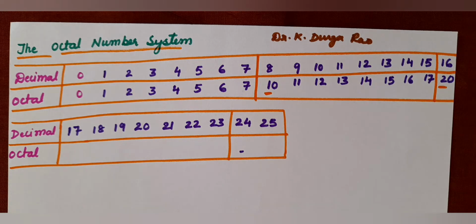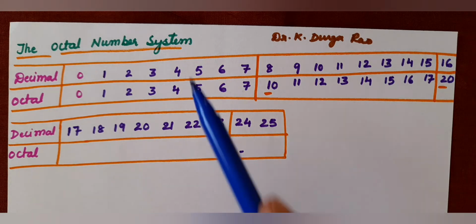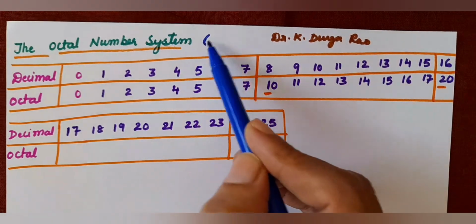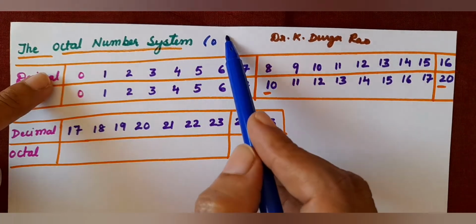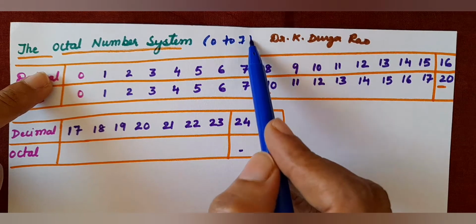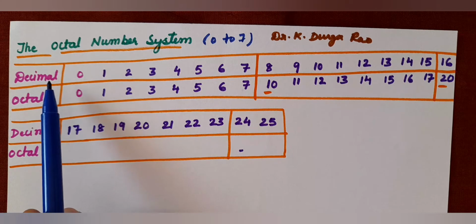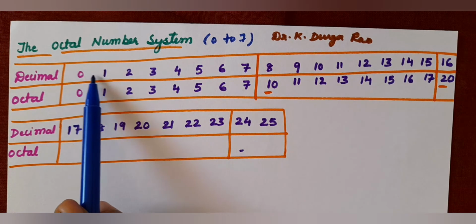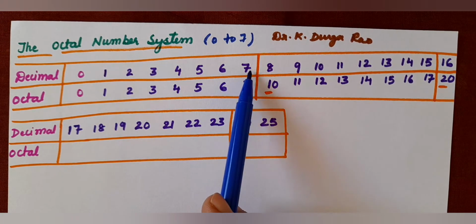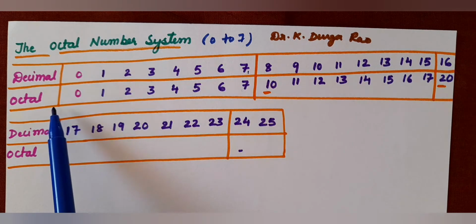So, do you know what the basic symbols of the octal number system are? The basic symbols are 0 to 7: 0, 1, 2, 3, 4, 5, 6, 7. These are known as the basic symbols of the octal number system. If the decimal numbers are given as 0, 1, 2, 3, 4, 5, 6, 7, what will be their octal numbers?